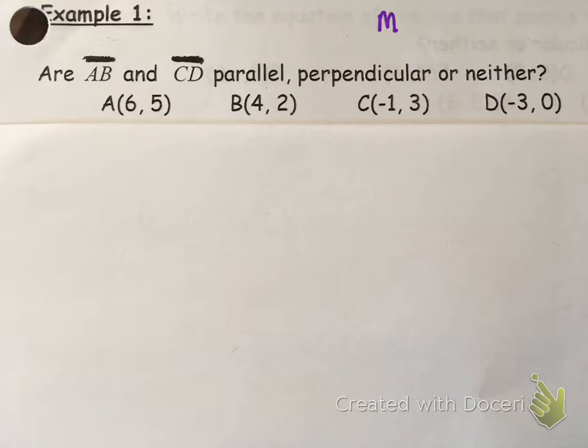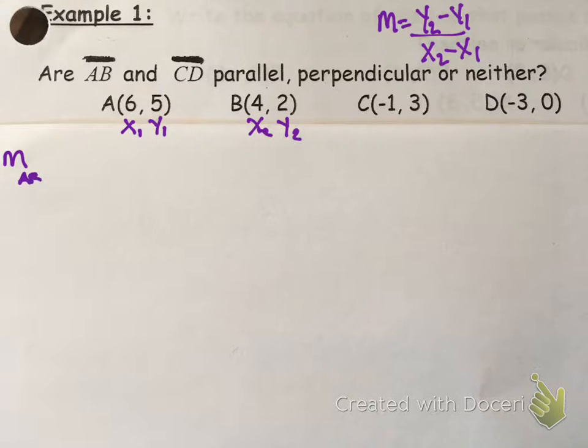Remember, our slope formula is y2 minus y1 divided by x2 minus x1. So the first thing we want to do is label point A as x1, y1, and point B as x2, y2. And now we're trying to find the slope of segment AB.